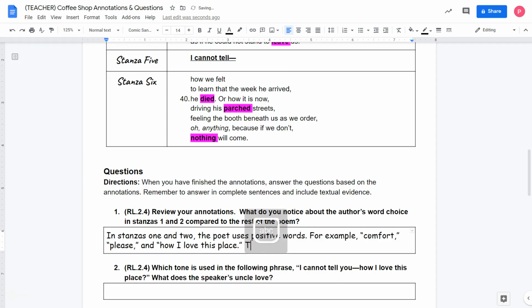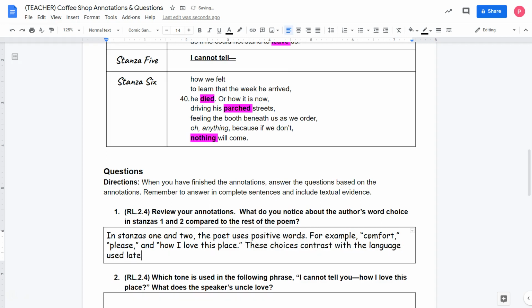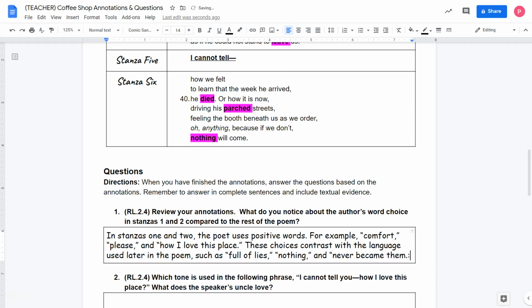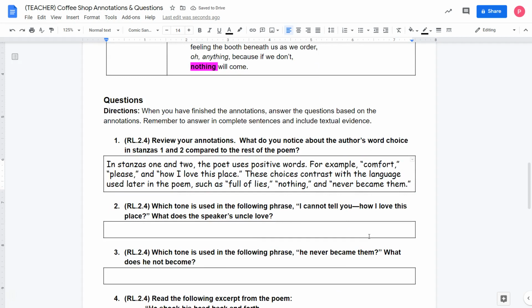These choices contrast with the language used later in the poem, such as full of lies, nothing, and never became them. So that helps us answer question 1. At this point, if you need to pause the video, you can pause the video.